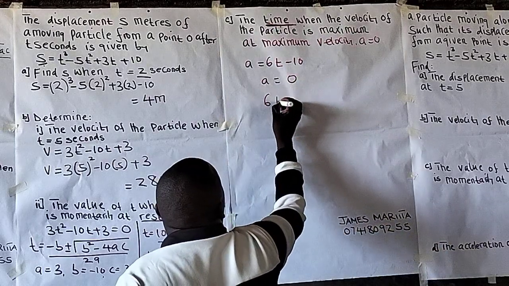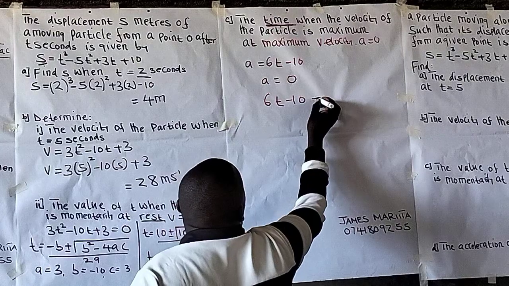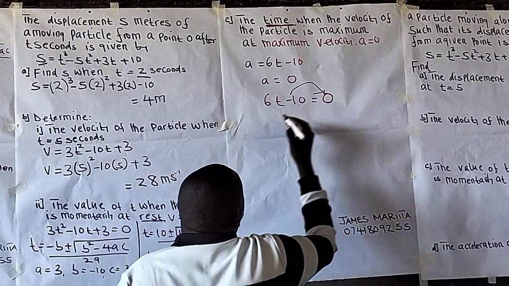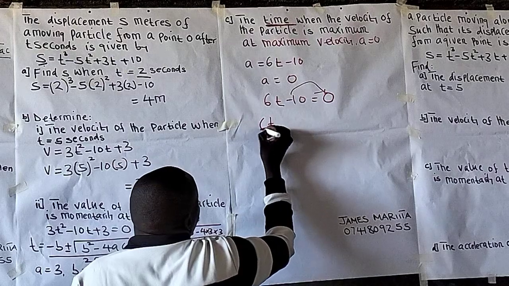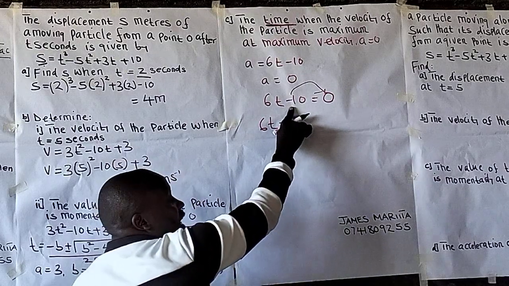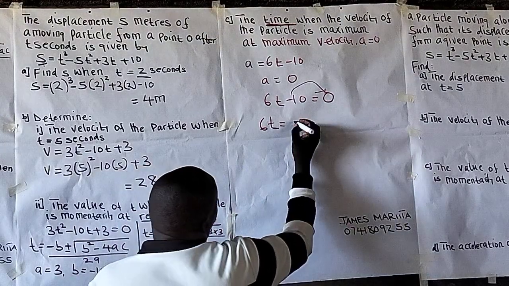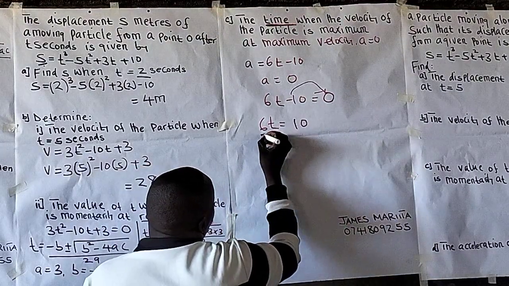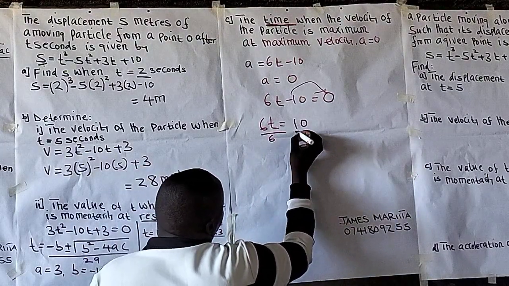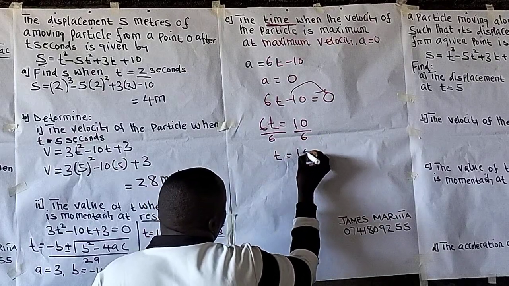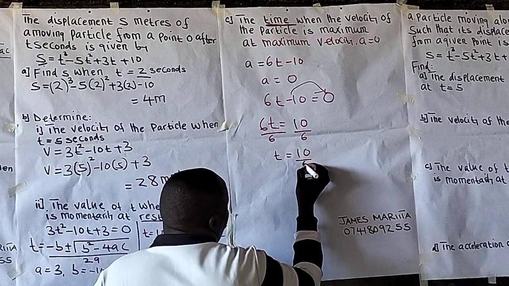So here we just say this acceleration is equivalent to 0. So 6t minus 10 is equivalent to 0. If we take 10 to the other side, we have 6t is equal to 10. This is a negative number, and when it crosses the equal sign, it changes the sign. So we have that one as 10. To get the value of t, you divide it by 6. Then t is equal to 10 over 6.